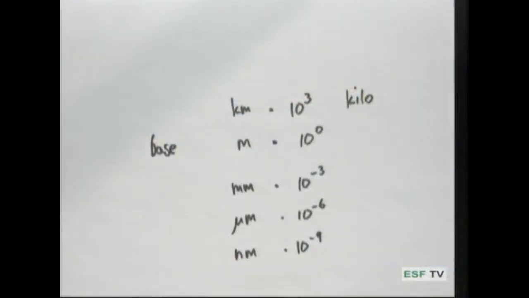But these basic multipliers refer to any kind of multiplication. So, for example, kilo is the multiplier for anything times 1,000.